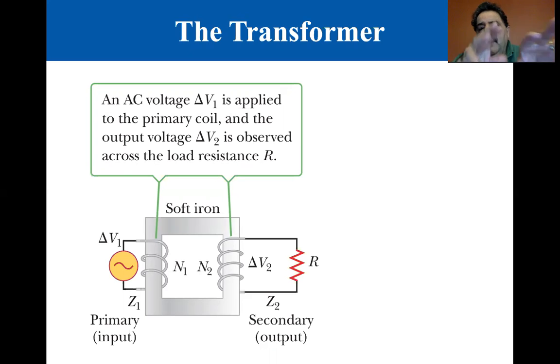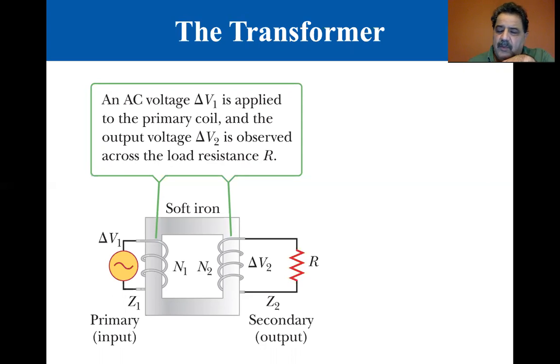So you have the primary input, delta V1, and you have your secondary output, delta V2. Now, sometimes it's not a matter of stepping up or stepping down, but just a matter of isolating, so there's no earth ground connection to the source. That's another case where we use transformers.